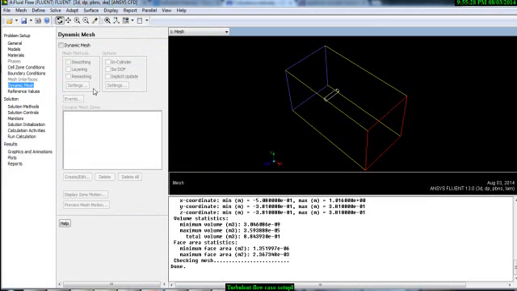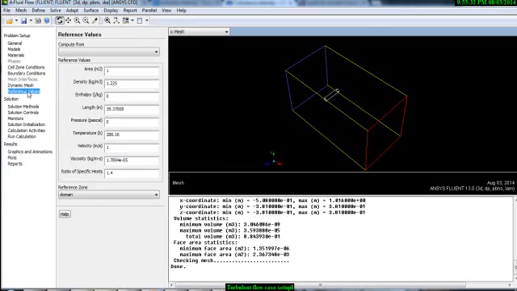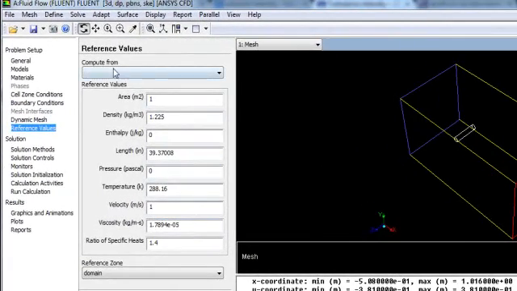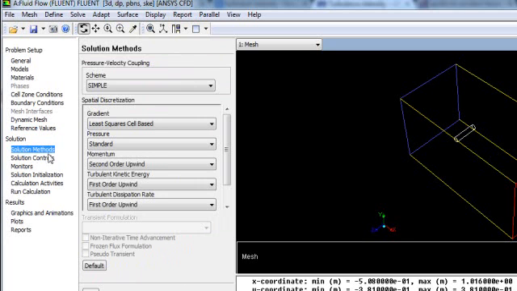We don't have any dynamic mesh, so we don't need to worry about this. Reference values, these are the reference values. As you can see, if you go here compute from inlet, then you can see the change in the temperature, density and velocity. Now go to solution method. We will use the simple scheme for pressure velocity coupling.